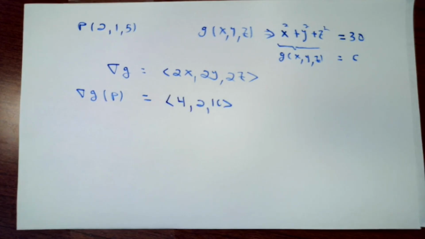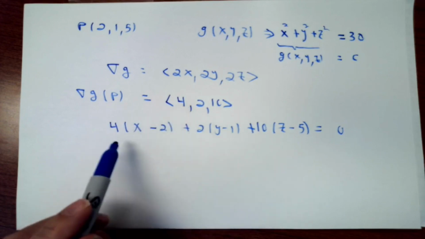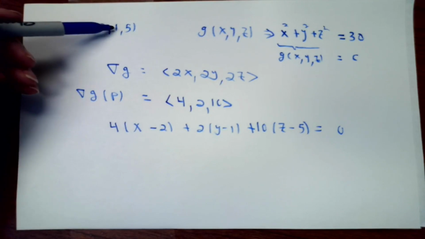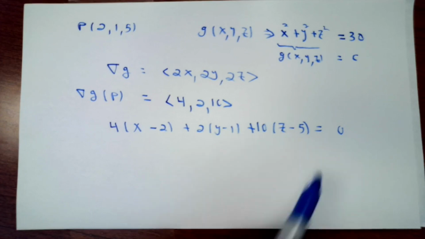This vector is at right angles to the surface at the point P. In view of the previous discussion, the equation of the plane is 4 multiplied by x minus the x-coordinate of the point that we know, plus 2 times y minus the y-coordinate of the known point, plus 10 times z minus the z-coordinate of point P. This is the tangent plane to this sphere at point P.